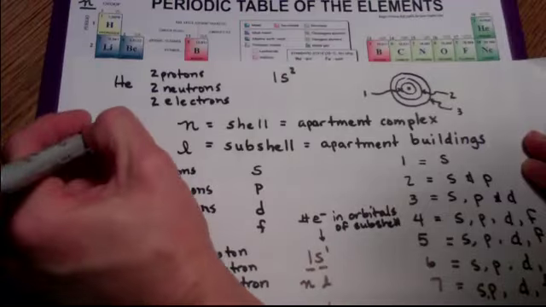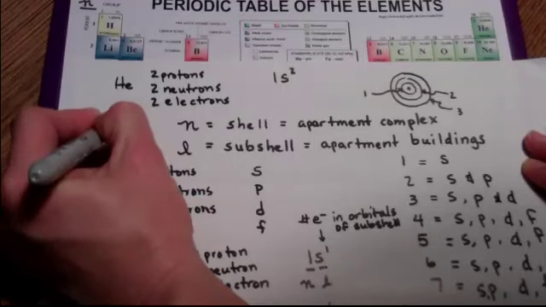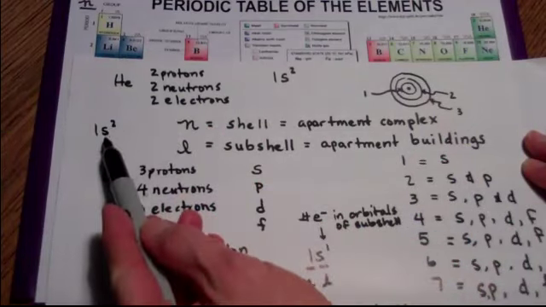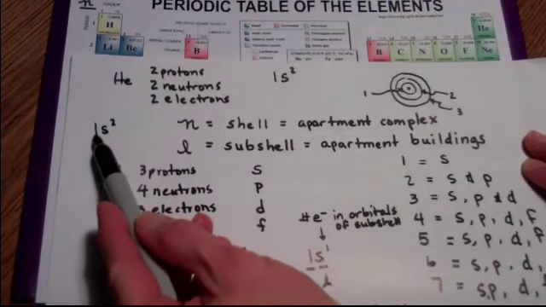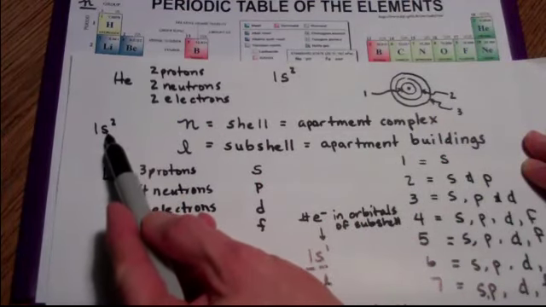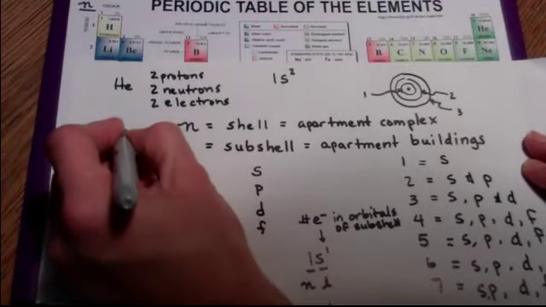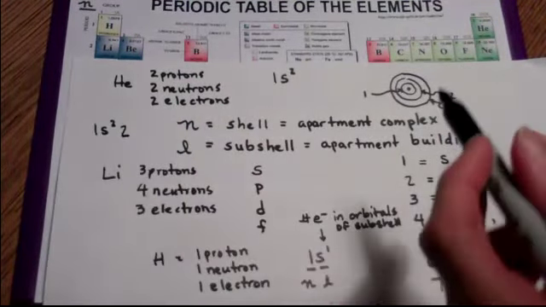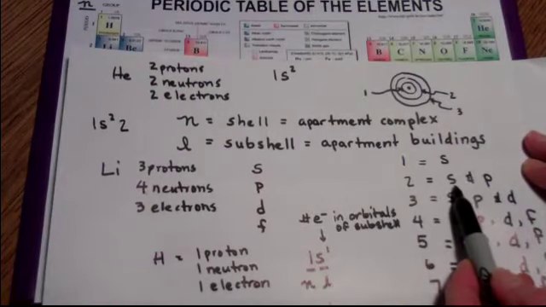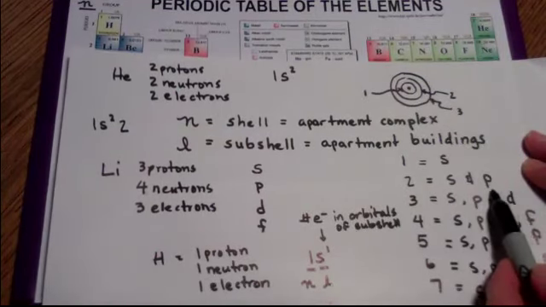So for lithium's electron configuration, the ones at the very center are the lowest energy, and so these have to fill up first. So we have to put 2 of the electrons in that first level, in the s subshell. Now we can move to the second level. In the second level, we have the option of the s and the p orbitals.